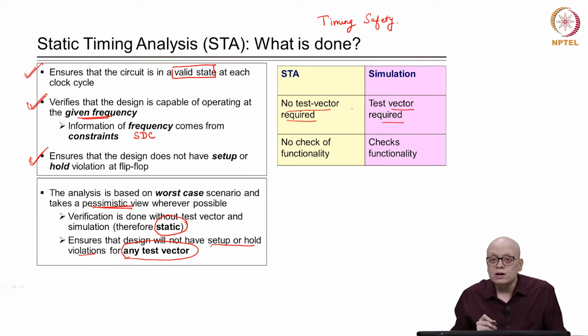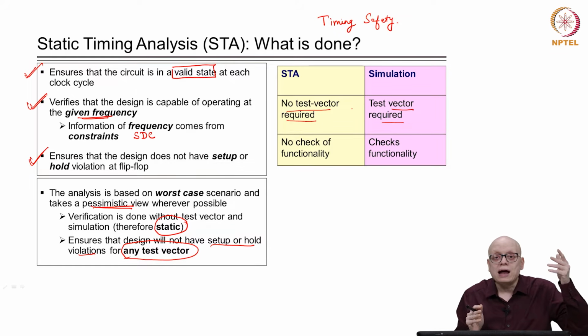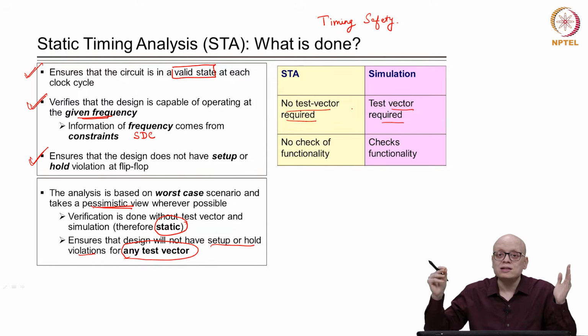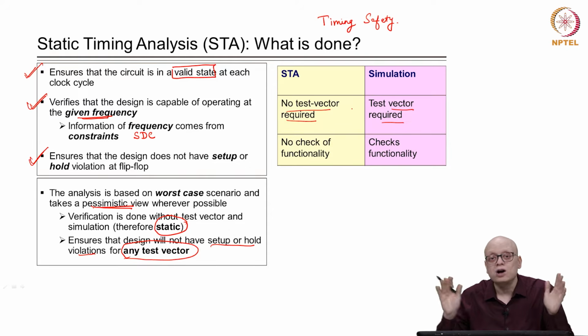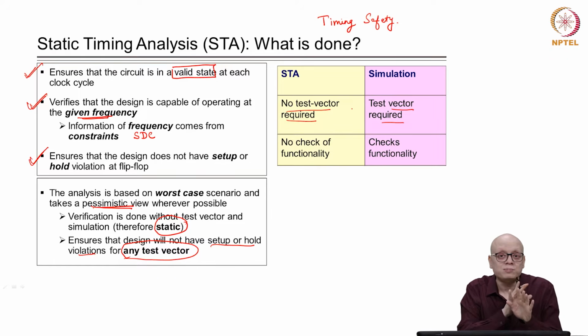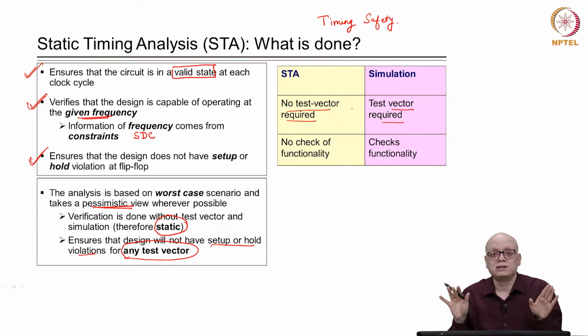And STA does not check the functionality, meaning that it does not consider, if I apply a sequence of zeros and ones, whether the sequence produced at the output is correct or not. The purpose of STA is not to verify the functionality, right? It totally ignores the functionality details, or Boolean function details, of the circuit.